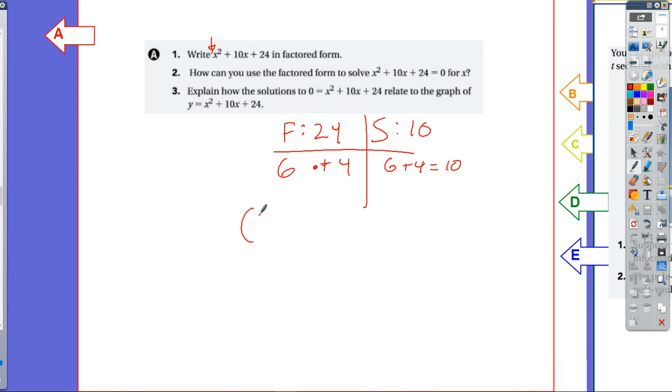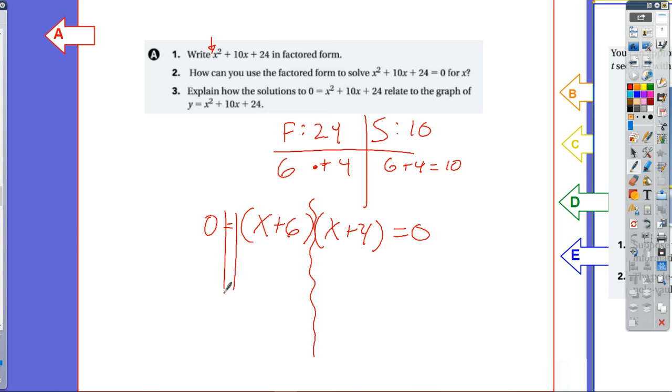So we have the expression x plus 6 times x plus 4 is equal to 0. Well, let's take each one of these pieces by themselves and solve them just like any other problem that we would solve. The opposite of adding 6 is subtracting 6. So we get negative 6 is equal to x. On our other side, minus 4, and we get x is equal to negative 4.